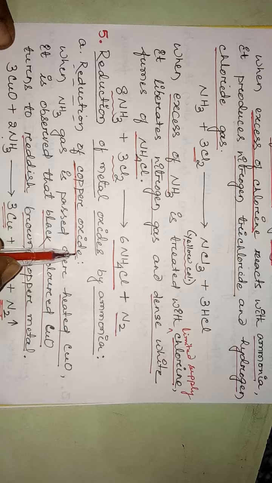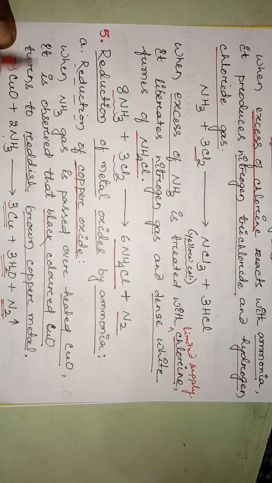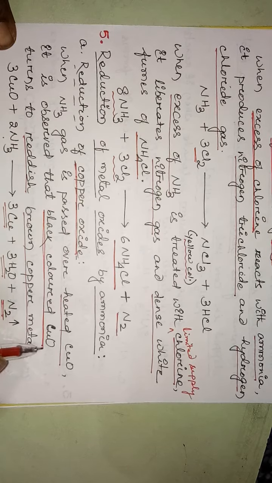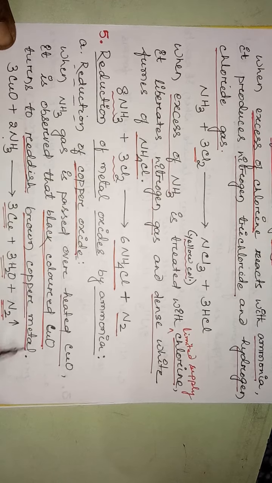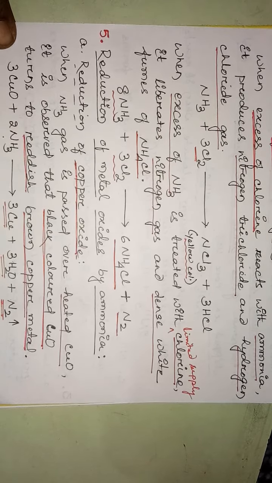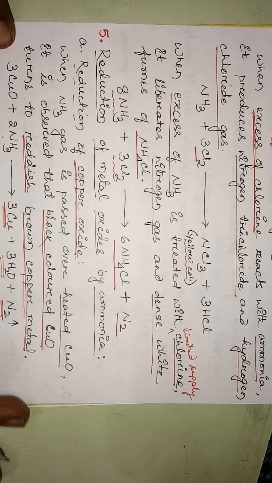When observation is required, you have to write the black color of copper oxide turns reddish brown color of copper metal. If the equation is asked, you have to write 3CuO plus 2NH3 gives 3Cu, 3H2O and N2.